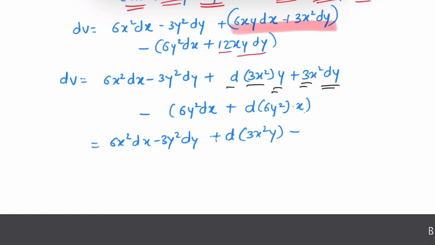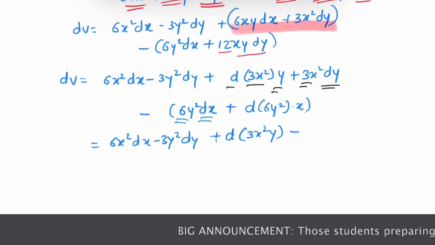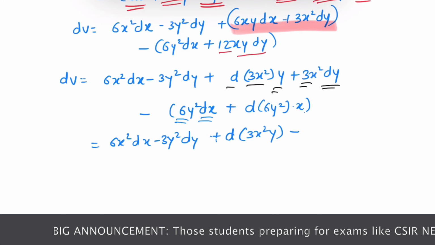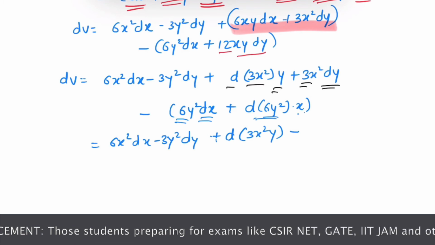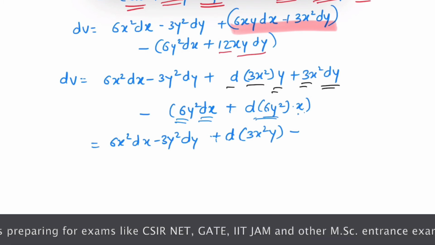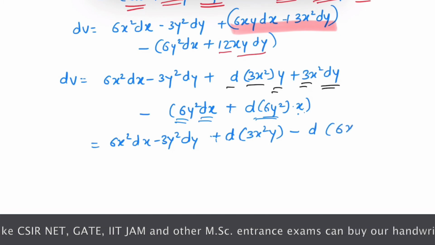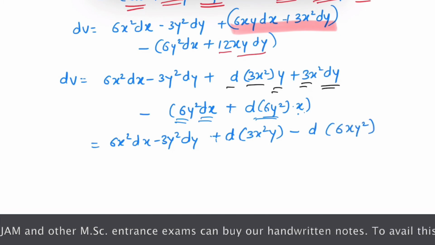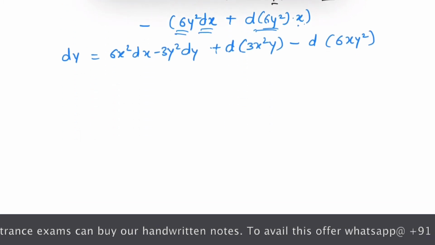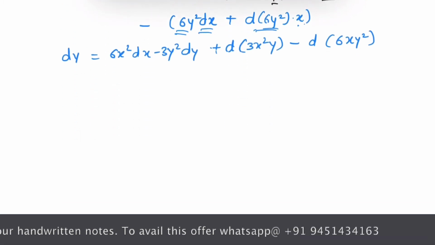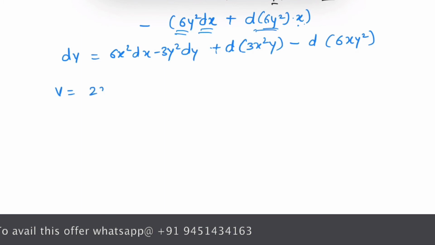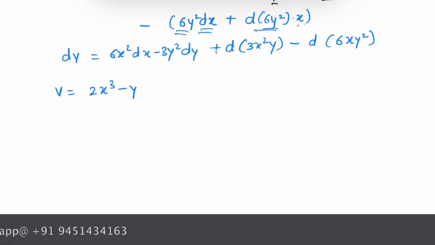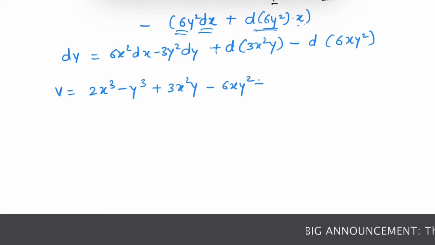Now minus, same, we have differentiation of 6xy². Now let's integrate this equation. After integrating we'll have v = 2x³ - y³ + 3x² y - 6xy² + c, some constant c.